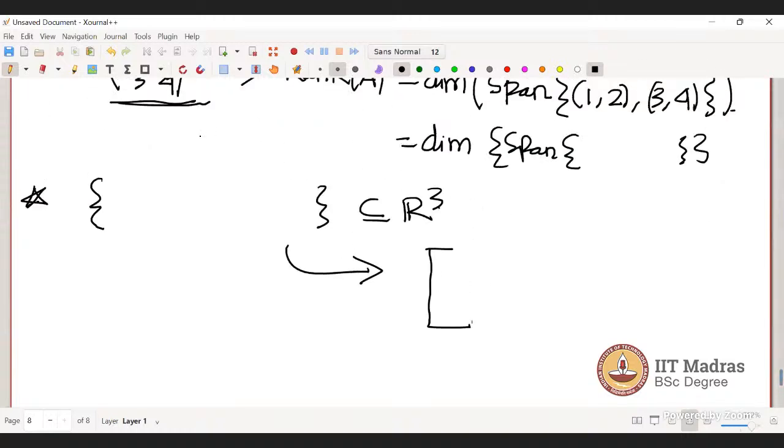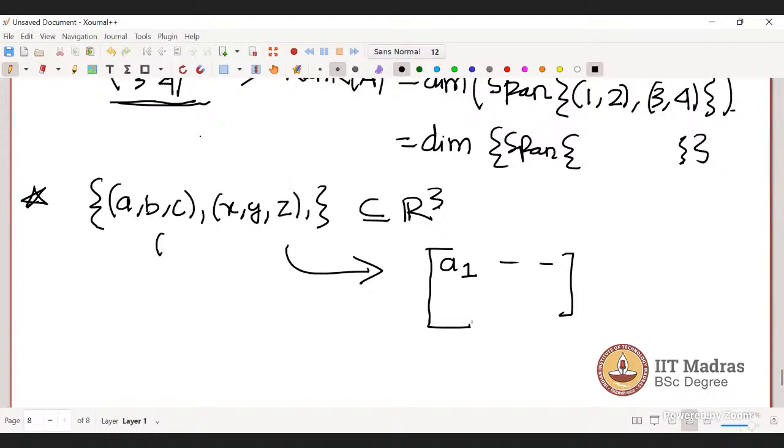Suppose you have A, B, C and X, Y, Z and some E, F, G. You have 3 vectors in R3, so you try to put them in some matrix form.